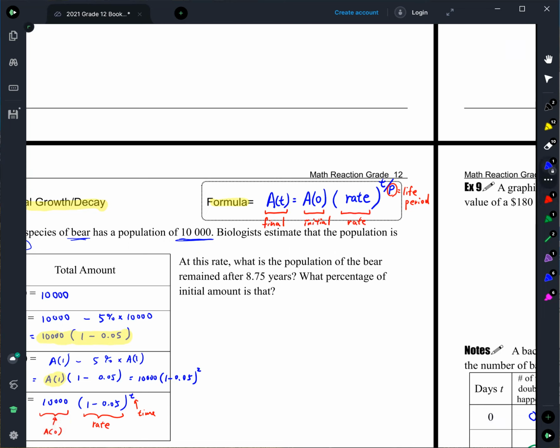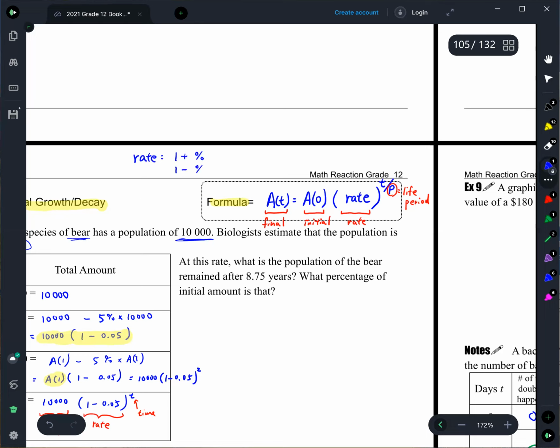So let's just make a note on the top. The rate, it could be 1 plus the percentage. Okay, or 1 minus the percentage, right? Okay, let me write it this way. Increase or decrease by percentage. It'll be 1 plus or minus a percent, okay, for the rate.